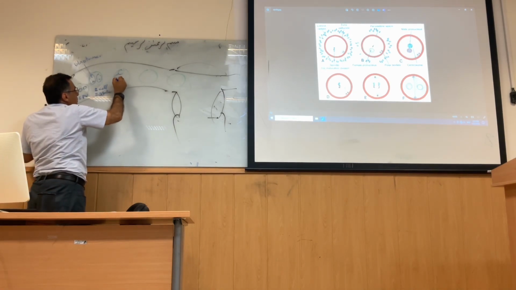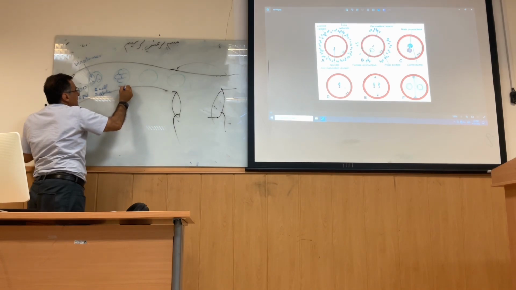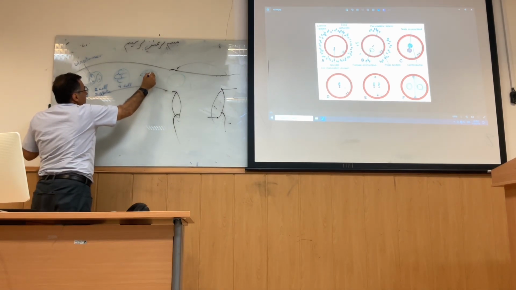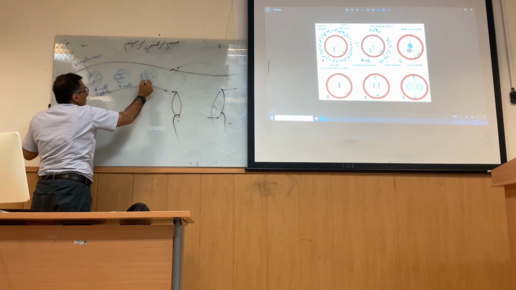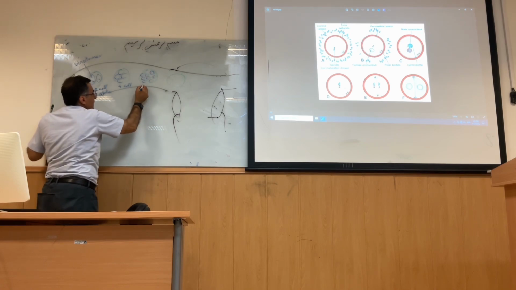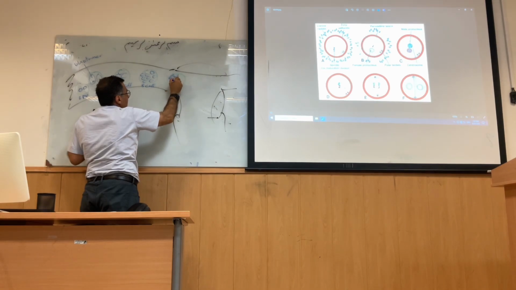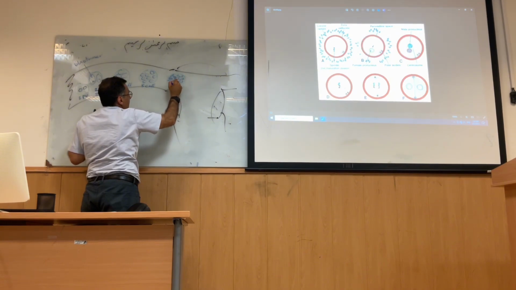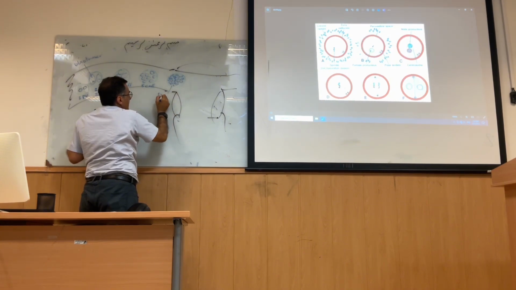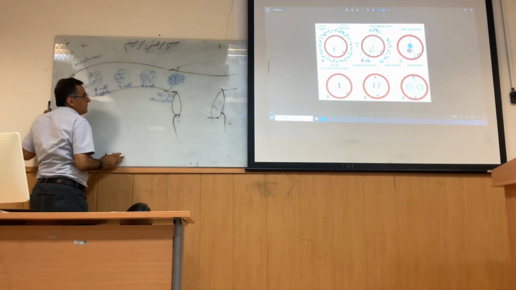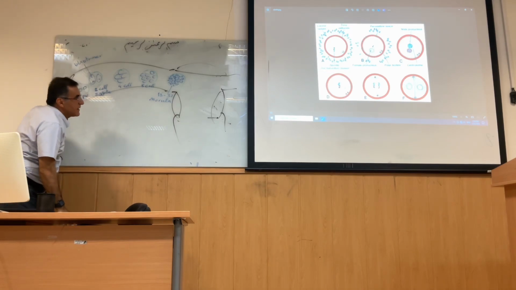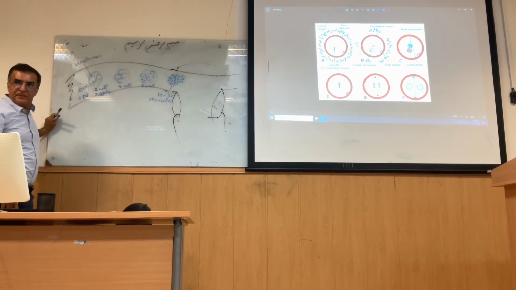And after that, the 4-cell stage and 8 cells, and then the morula. It's like a raspberry, we say that morula.